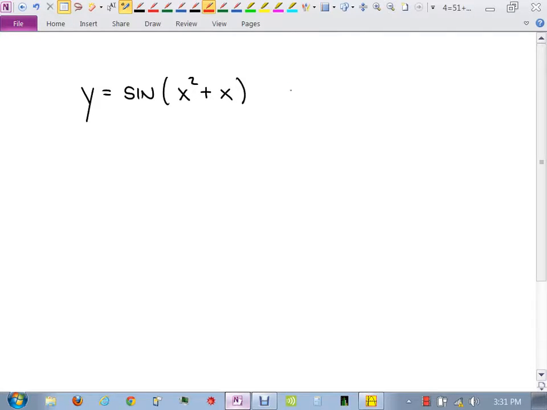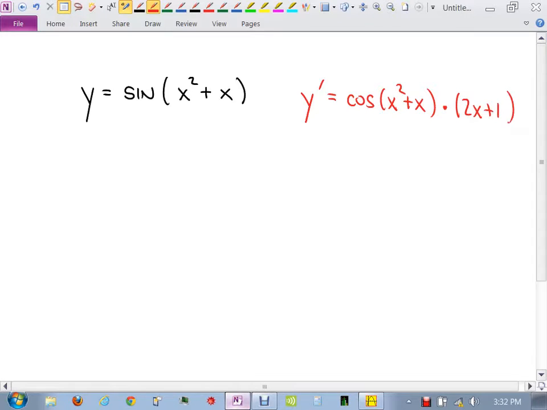Next to this, I'd like to write the answer of what we got. It was cosine of x squared plus x times 2x plus 1, right? Yes? Okay, now, that's where we're headed. Let's see if I can get to that red answer by doing this a different way.